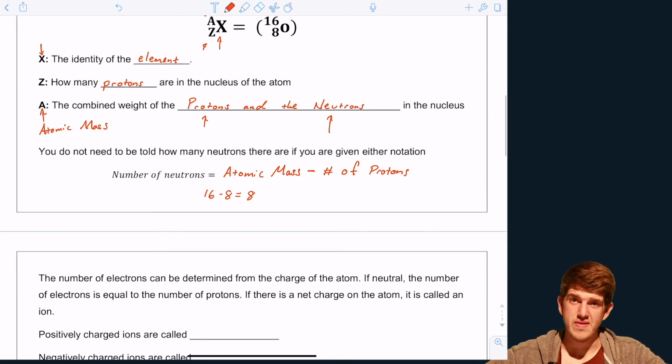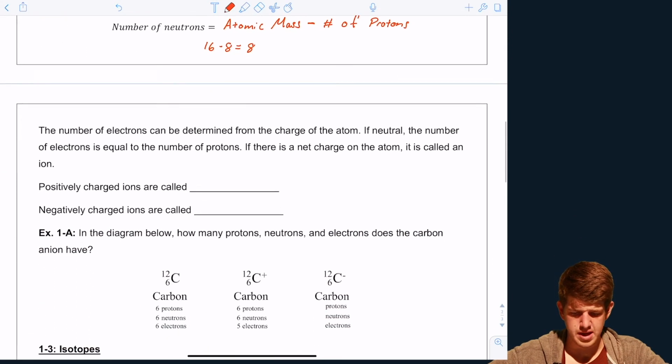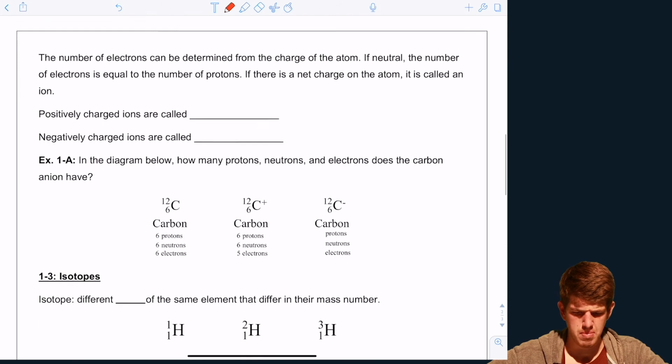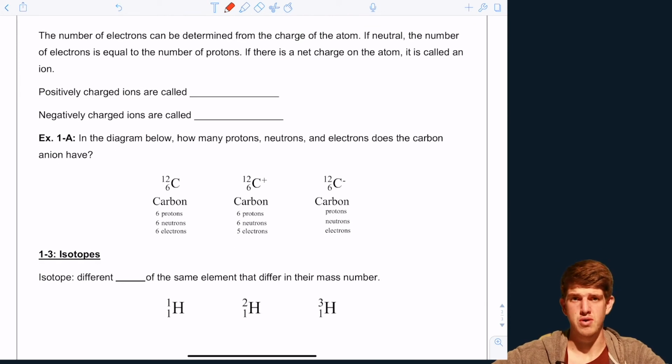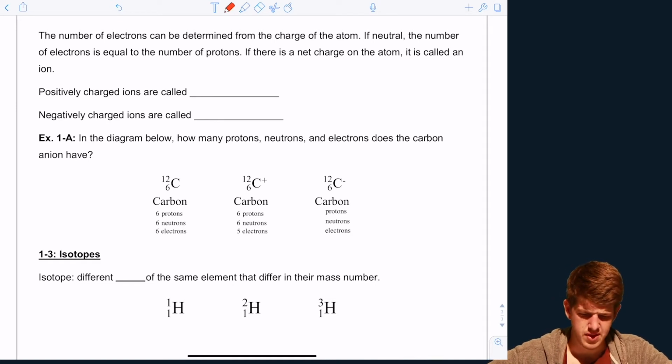So we've spent a little bit of time talking about protons and neutrons, but how do I determine the number of electrons? The number of electrons can be determined from the charge of the atom. If neutral, the number of electrons is equal to the number of protons. If there's a net charge on the atom, it is called an ion.